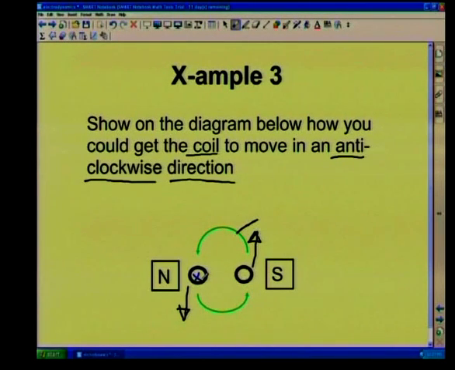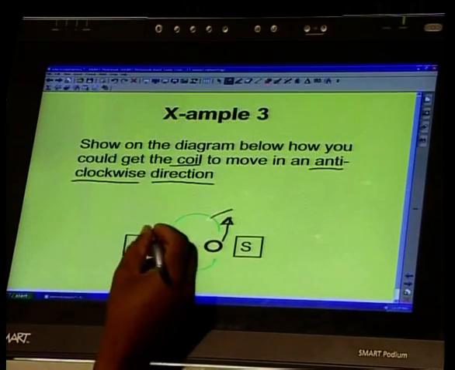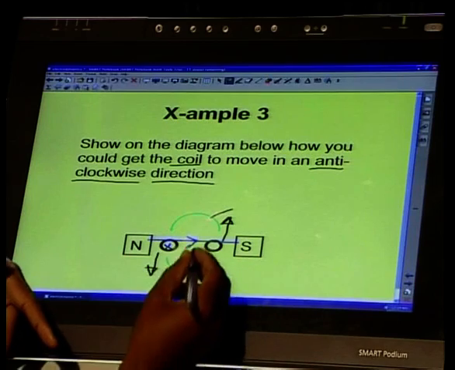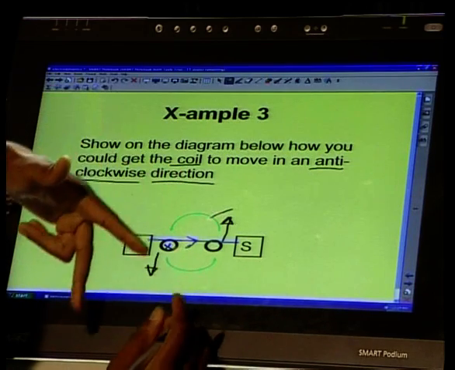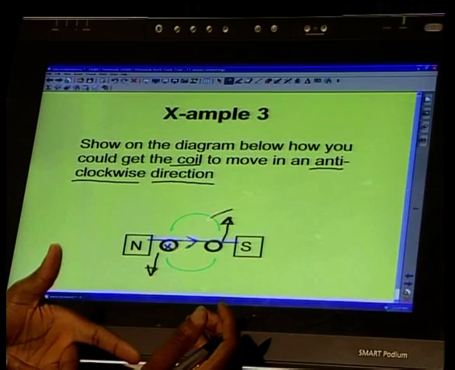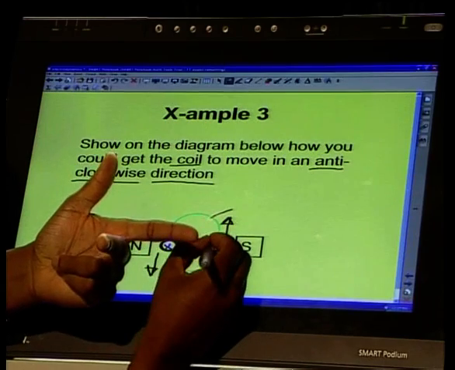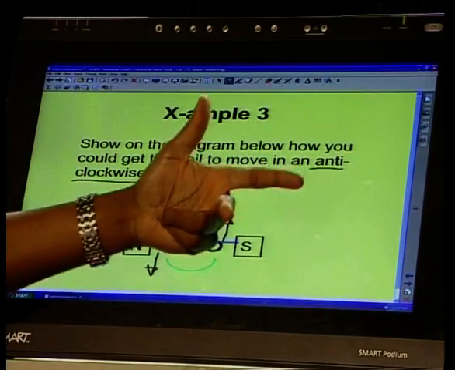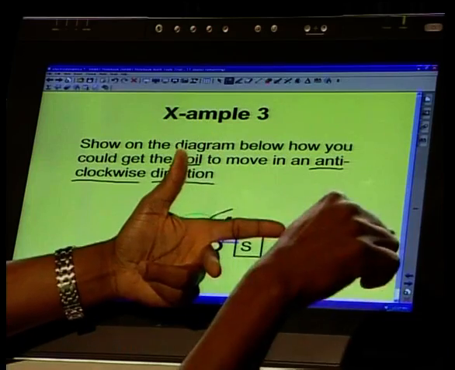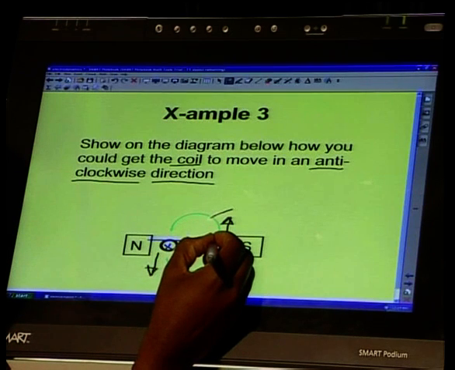Let's check here. The magnetic field, remember, it's from north to south. So that still stands. Here, I want the force to be pushing it upwards. But the magnetic field is still that way. So on this side, I want the current to be coming out. According to Fleming's left-hand rule, pushing upwards, magnetic field direction, current should be coming outwards. And what is coming outwards?